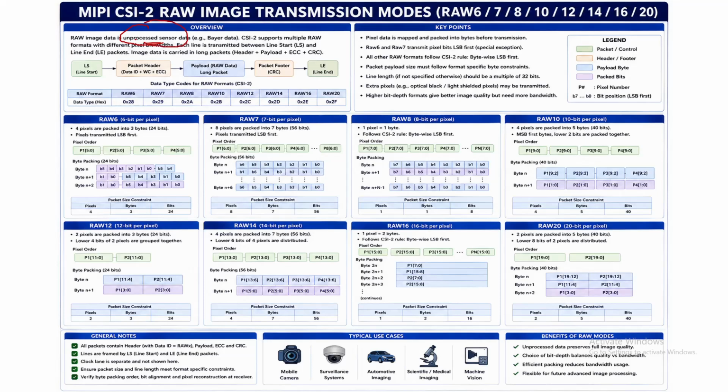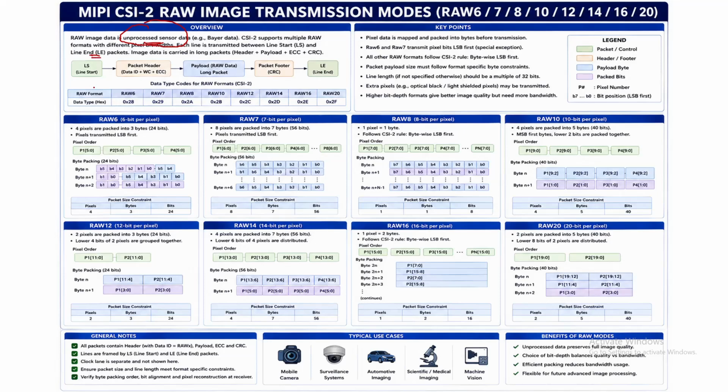That unprocessed sensor data may be different from a compressed image or JPEG image, because there is no color combination here. The camera sensor captures the image, and that depends upon your light intensity. So for that we need to check the color correction, how the color is being corrected.